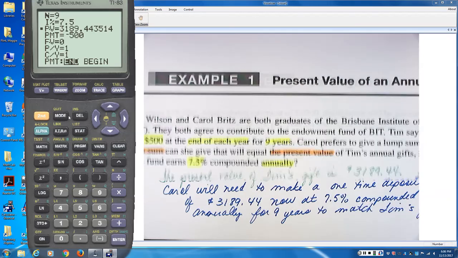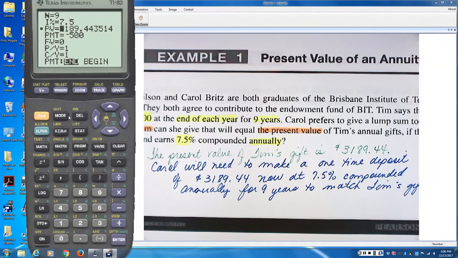Now, if you're curious as to how much Tim's gift is and does hers actually equal out, what we'll do is we'll go down here, take out her payments because she's only going to deposit a lump sum, and calculate her future value.